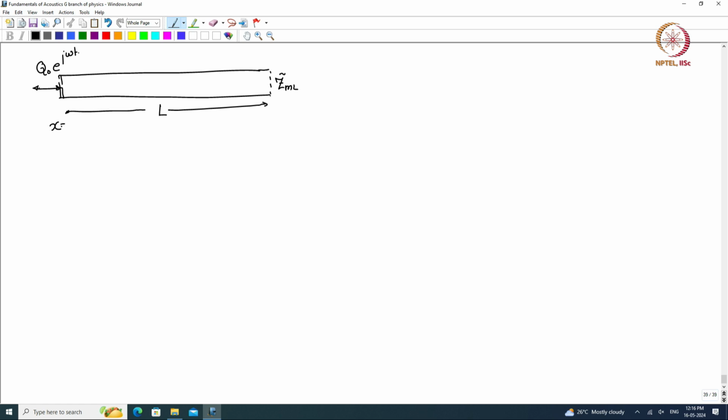This is the x equal to 0 position, this is the x equal to L position. Okay, Q0 is the volume velocity, a volume velocity source. So now if I take my solution p(x,t), and let's say the cross section area is S.